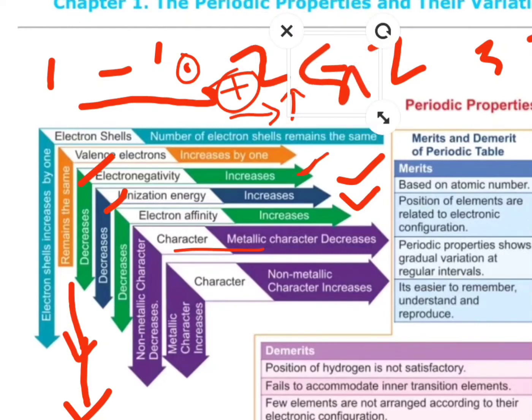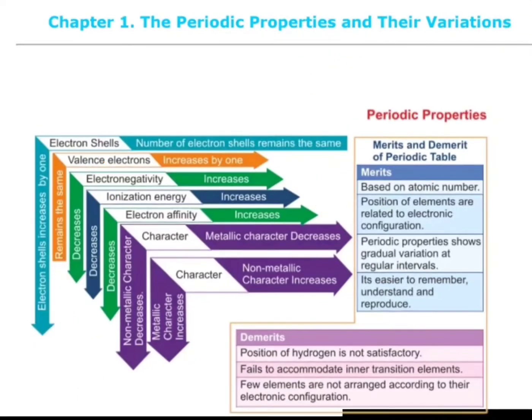If the size of the atom increases, then ionization potential decreases. That is why in a group, ionization potential decreases from up to down with increasing atomic size.